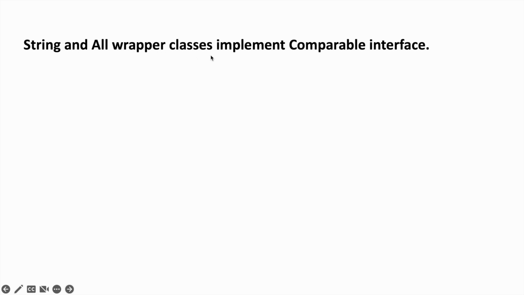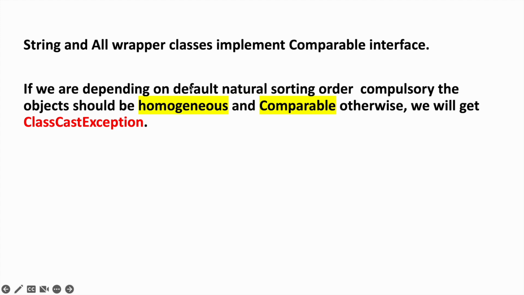If we are depending on default natural sorting order, compulsorily the objects should be homogeneous and comparable, otherwise we will get ClassCastException. We gave different types of data, integer and string, so we got ClassCastException. And StringBuffer is not implementing the Comparable interface, that is the reason we get ClassCastException.